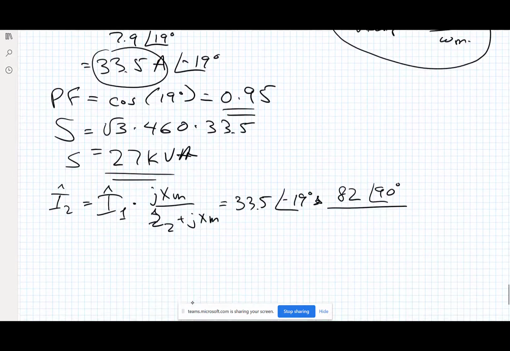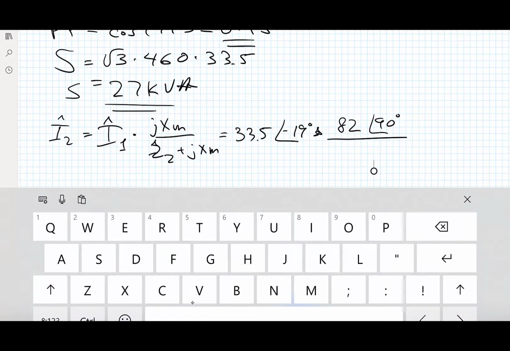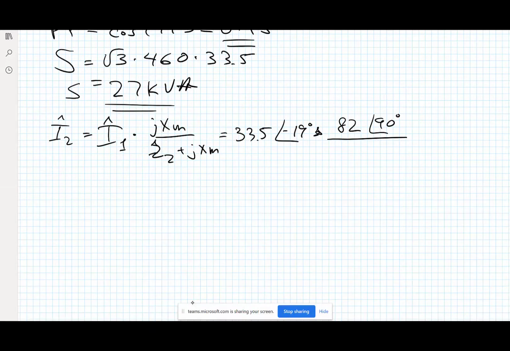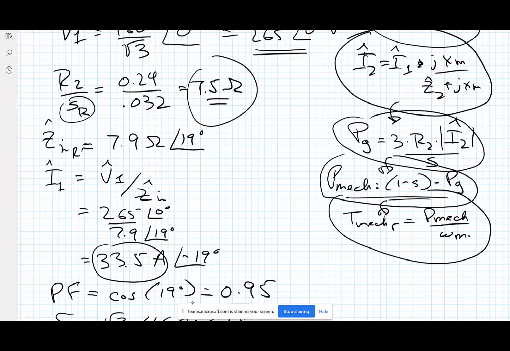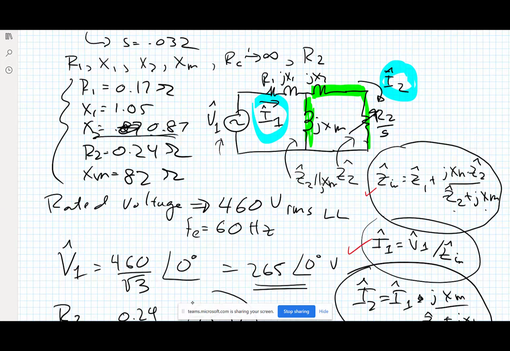Now I pre-calculated Z2, and my Z2 was 7.5 plus j 0.87 plus j 82. This is the Z2. I found that R2 over S here, right? 0.87 is the leakage inductance of the rotor.